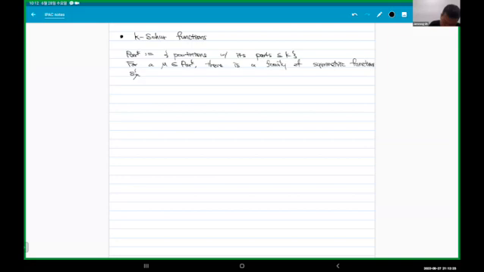S mu upper K, and this is a symmetric function of X, and it involves an additional parameter T, which is called the K-Schur function.